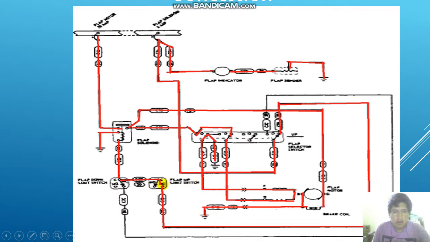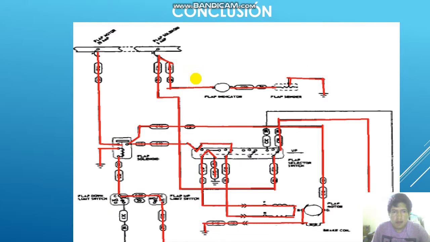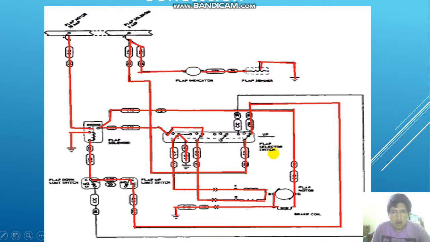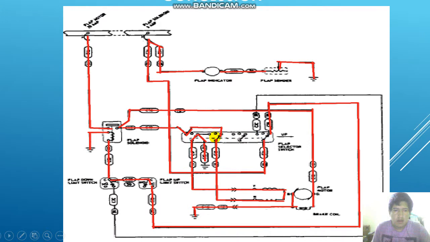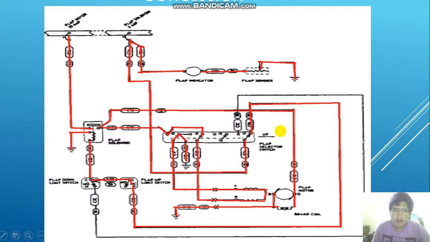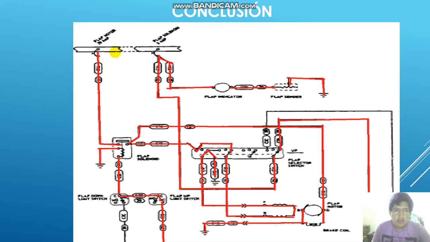Then the flap indicator, then the flap selector switch, whose position is up or down: down to extend the flap, and up to retract. The current to supply is 12 volts with 20 amperes.